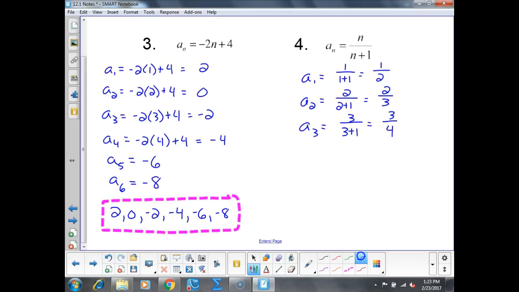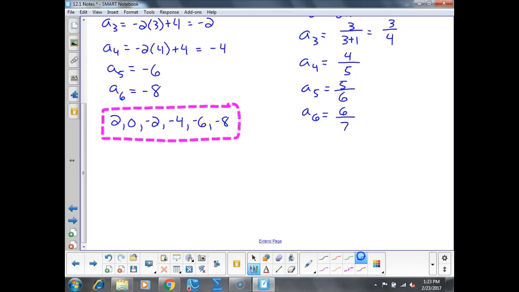Looks like I'm taking my term number and then adding 1 to the denominator. So the next one would be 4 fifths. Term number, add 1 to the denominator, 5 sixths. Term number, add 1 to the denominator, 6 sevenths. So this sequence is 1/2, 2 thirds, 3 fourths, 4 fifths, 5 sixths, 6 sevenths.